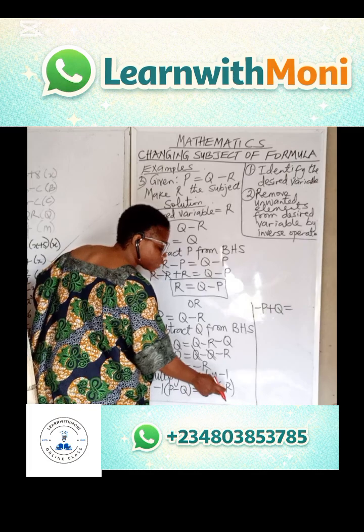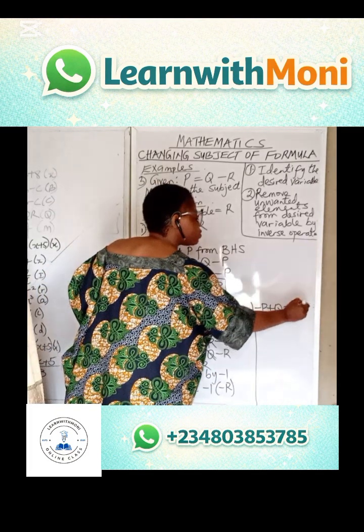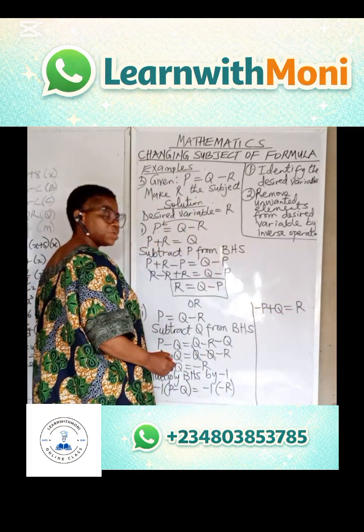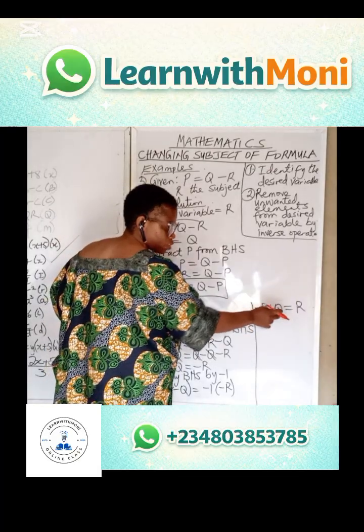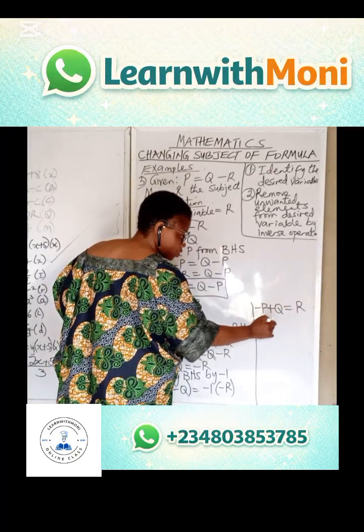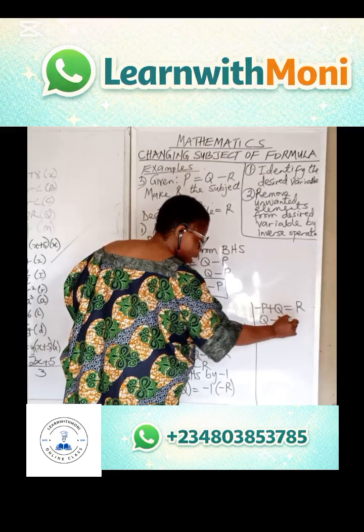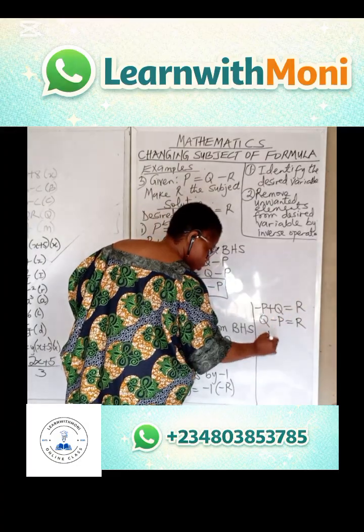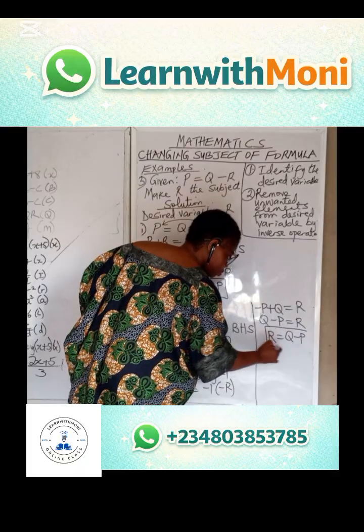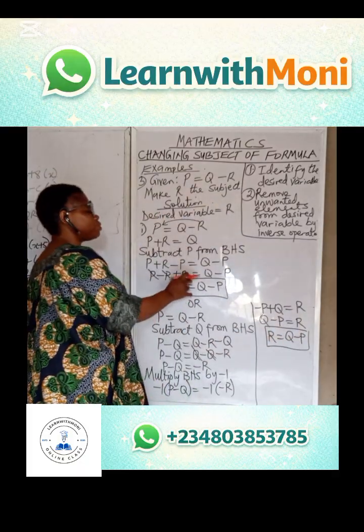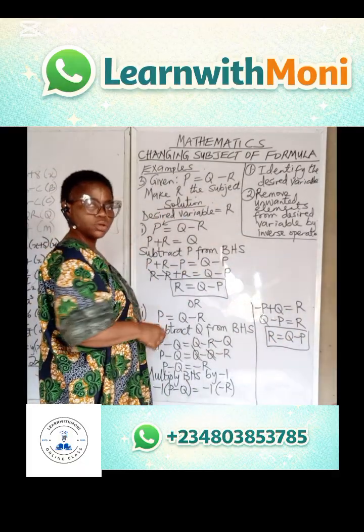So -1 times -R is positive R. This means we can rearrange our left hand side. Minus P plus Q is the same thing as plus Q minus P, and that equals R, giving us R equals Q minus P, which is exactly the same thing we got here.